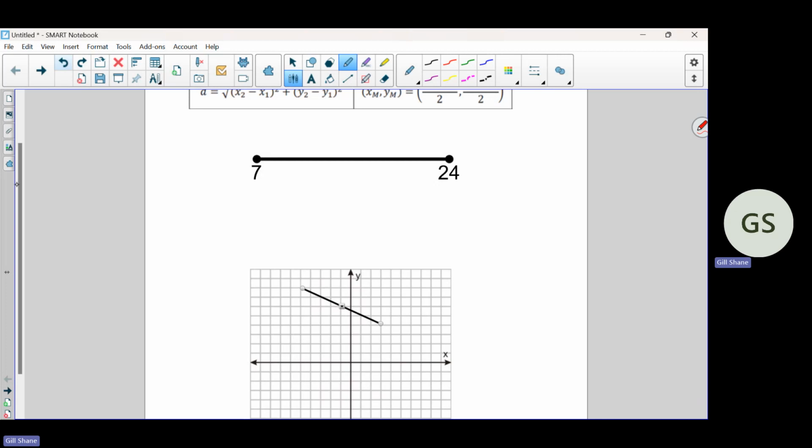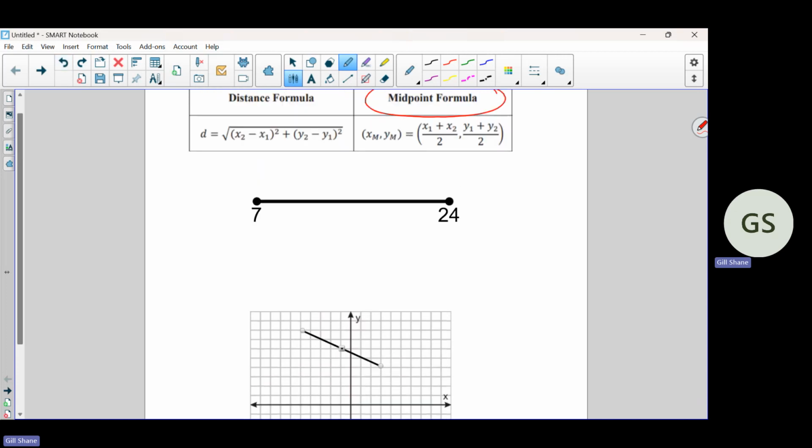If I just have a number line, just kind of an X-axis, I'm just going to use this part of the formula. It doesn't really matter which one is the X1 and the X2, but let's say that's X1, that's X2. So the formula is X1 plus X2 divided by 2.